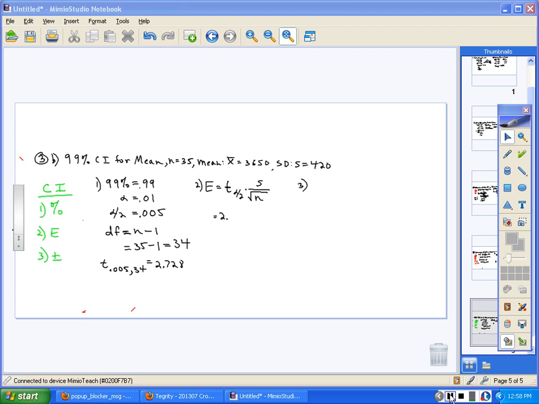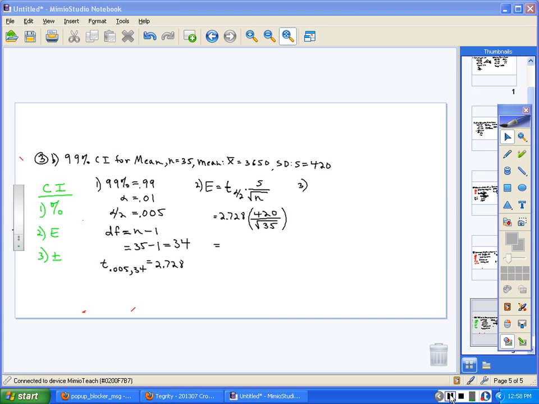So this is 2.728, and I'm going to use parentheses for multiplication here, not a dot with a decimal. S is 420, over the square root of 35. And we multiply that out.